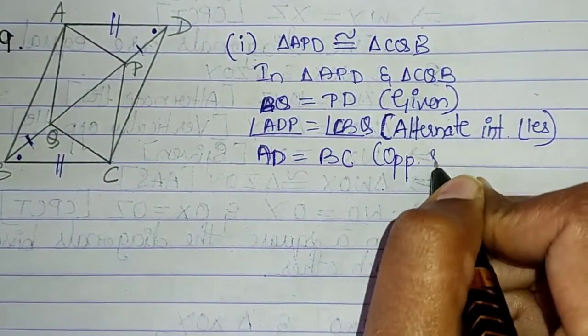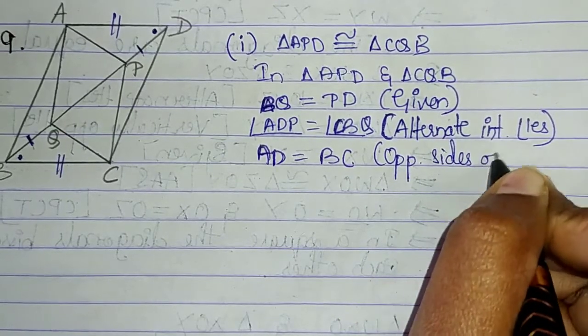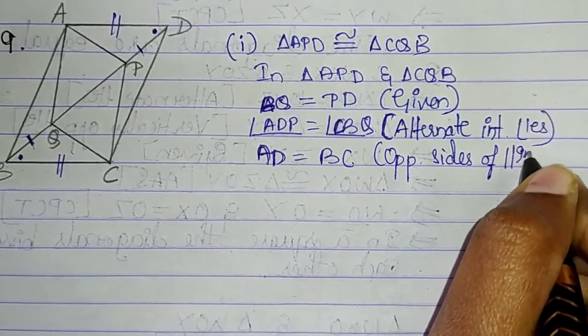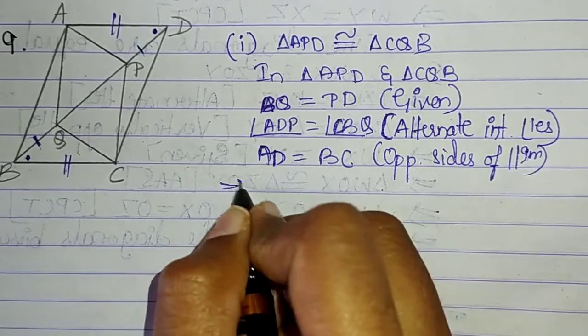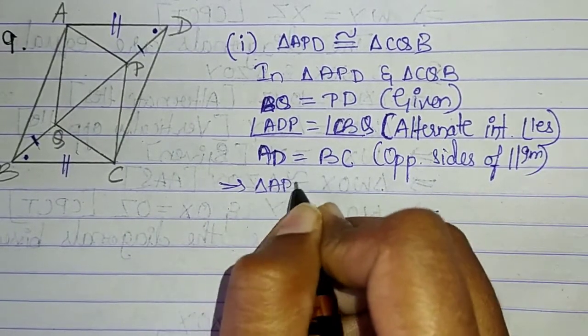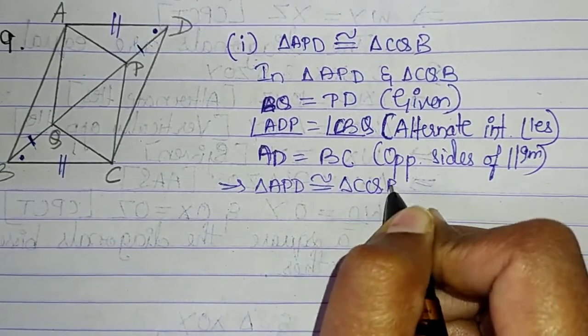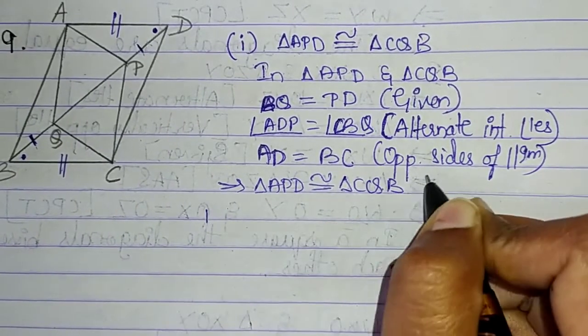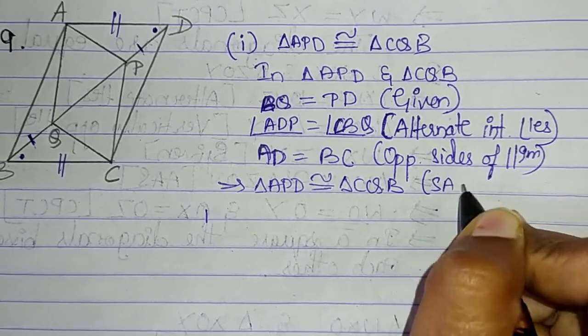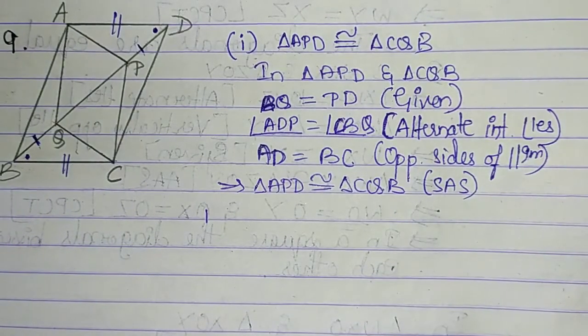Opposite sides of parallelogram. So this implies triangle APD is congruent to triangle CQB by SAS postulate, SAS rule.